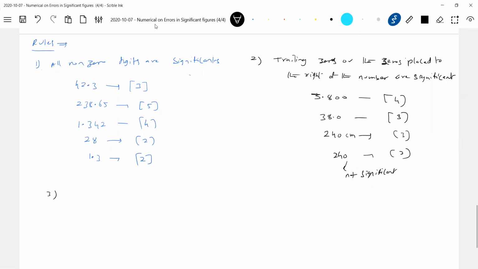Third one, we will make it. Leading zeros, or the zeros placed to the left of the number, are never significant.